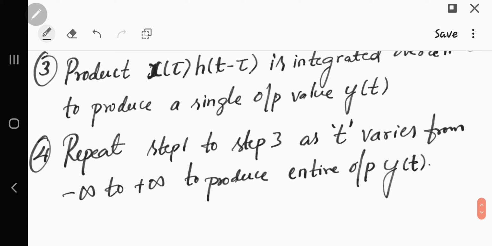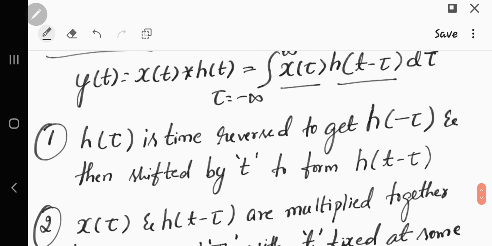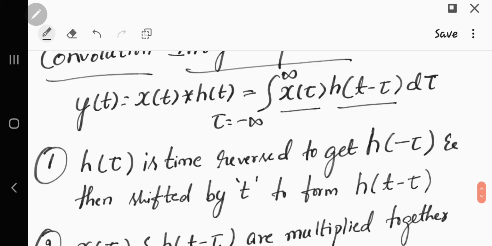Whenever one particular region produces a single output value of y of t, the process is repeated till t varies from minus infinity to plus infinity. If the process is repeated, the entire output y of t is obtained. Then we can plot the signal y of t considering all the single output values obtained before. So these are the steps that we have to follow during the convolution integral operation.